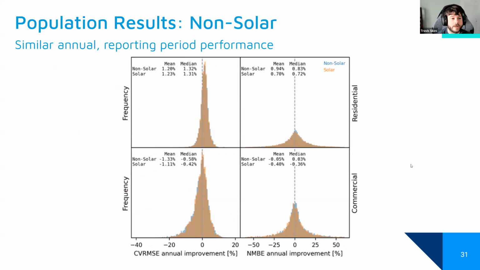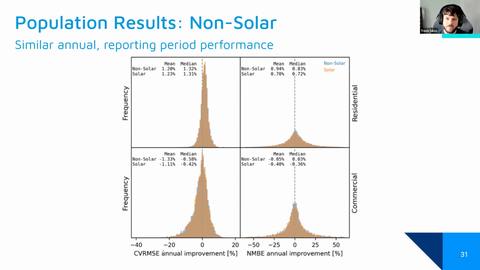To start with, let's talk about the non-solar customers. Basically, this is four panels. Each panel is showing frequency. The left two panels are showing CVRMSE annual improvement, which, if you're unfamiliar with CVRMSE, is the RMSE of the model on an annual basis divided by the average usage of the meter.